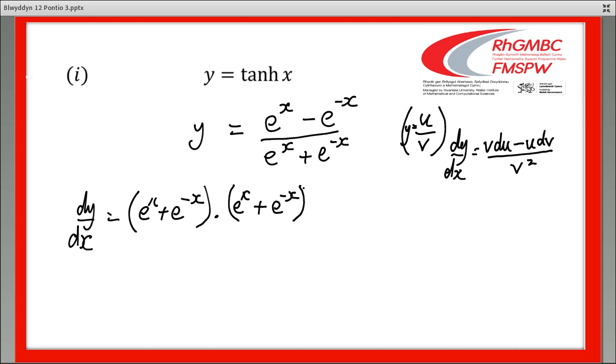And then we subtract, because that's what it says in the formula, the top function, the u, which is e to the x minus e to the minus x, and we multiply that by the differential of the bottom, which is e to the x minus e to the minus x.